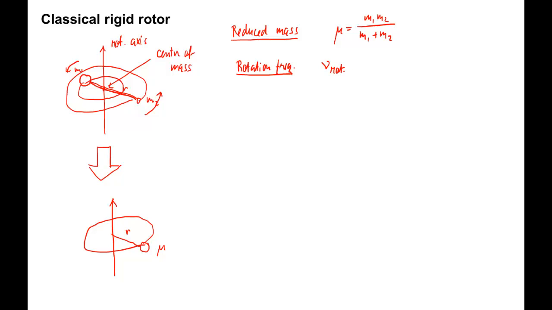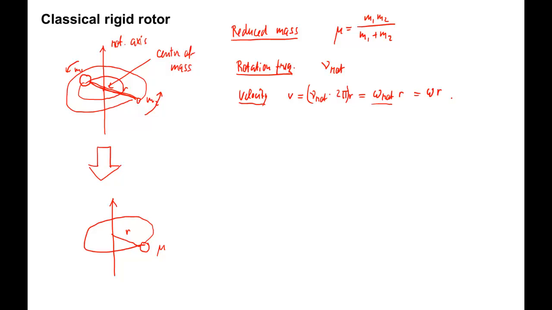The actual velocity of the mass, v, is the product of this frequency nu rot times the path traveled, which is the circumference of the circle, 2 pi r. We can group the 2 pi with the rotational frequency and write this as omega rot r. Omega rot is the rotational angular frequency, or the angular frequency of the rotation, often just simply denoted by omega.